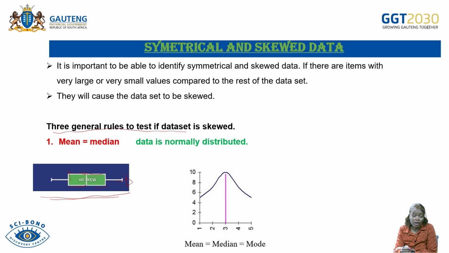But another way of checking, you can compare your mean and your median. I think that's the easiest method, because sometimes after sketching your box and whisker diagram, you realize that you can't really see if it's skewed or not skewed. So it's better to just look at the mean and the median. If your mean is equal to the median, then your data is normally distributed.